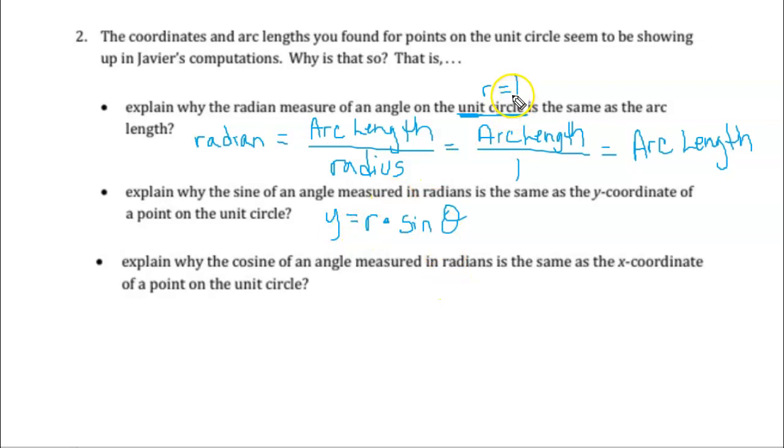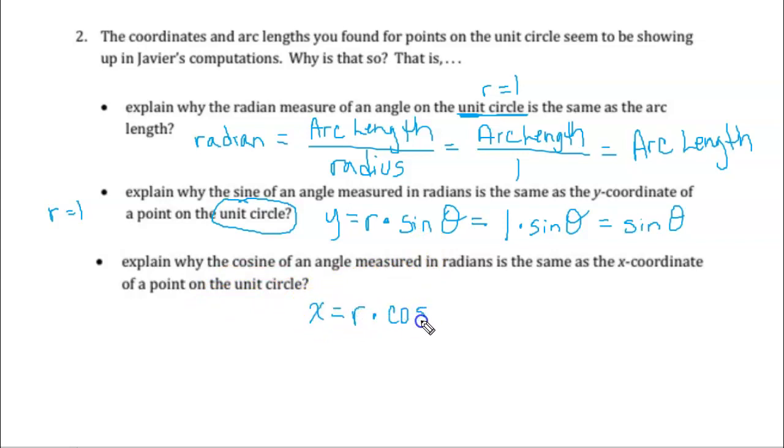And if our radius is equal to 1, 1 times the sine of theta is just the sine of theta. So for the unit circle, because its radius is equal to 1, the y value is the sine of theta. Very similarly, we figured out that the x-coordinate was equal to the radius times the cosine of theta. And if the radius is equal to 1, then x is equal to the cosine of theta.